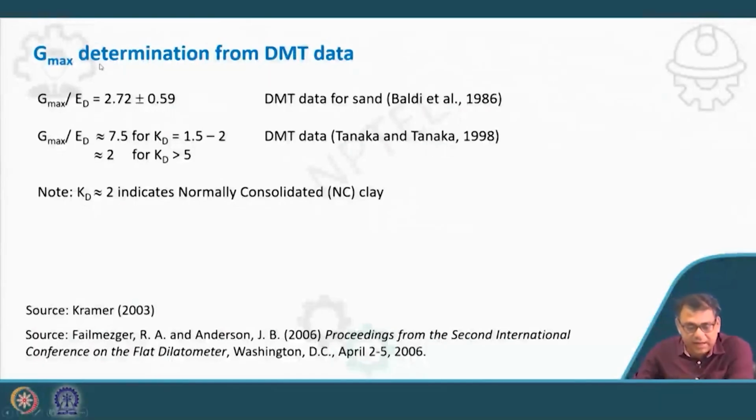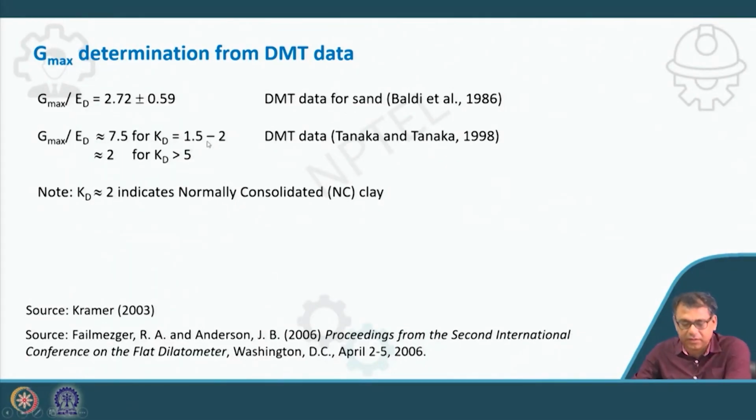Now the Gmax can be determined from DMT, dilatometer test data also. Here you can use this expression, Gmax by ED. I have discussed what ED is. There you will get a range, with some plus minus, and this is for sand.